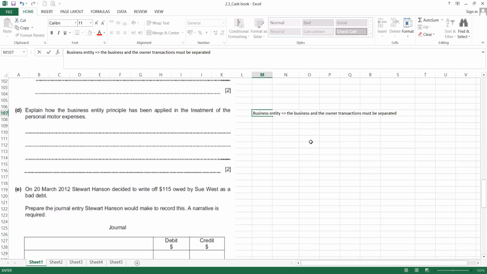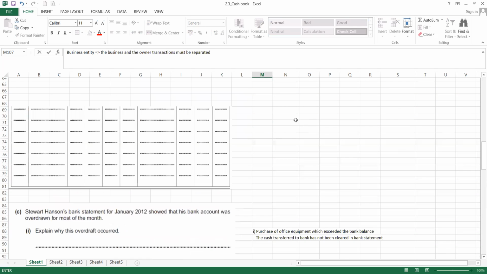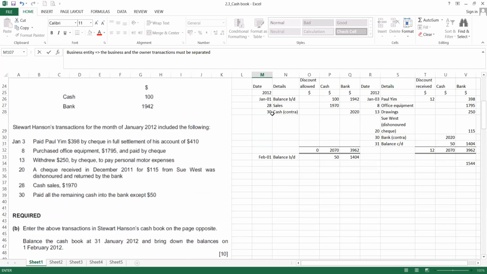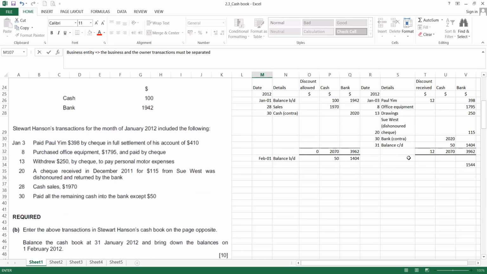So how do we apply this business entity to this personal motor vehicle? You saw this personal motor vehicle on 13, I put into the drawing.